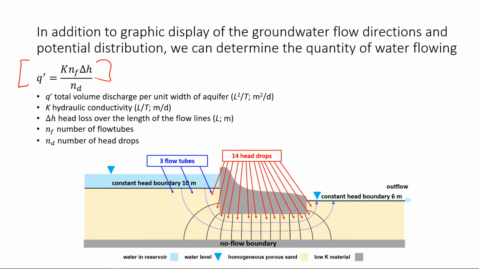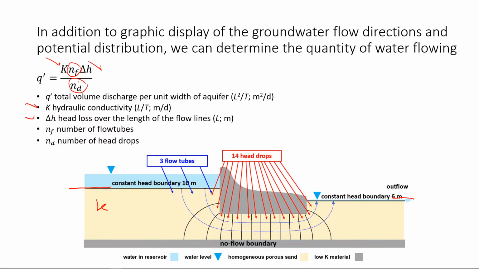In this system, we know the head here and the head here, so we know delta H. We know K, remembering this is homogeneous. In this equation, if you know the head and K, you can calculate Q once you get these two things, NF and ND.